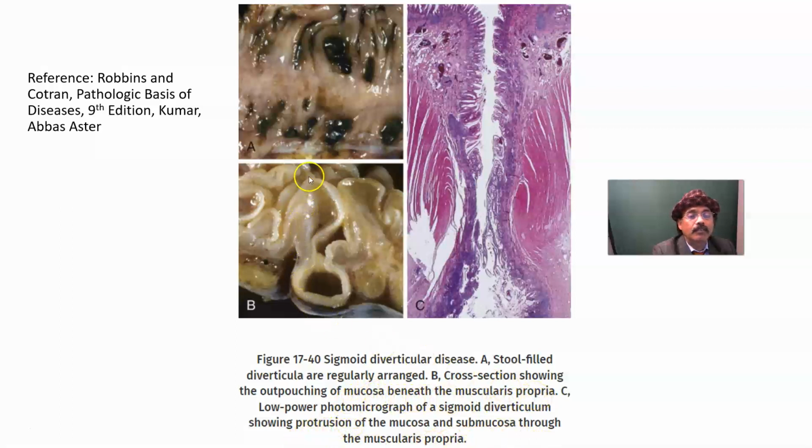So there is a diverticulum, a depressed part going out. Here is a photomicrograph of a sigmoid diverticulum showing protrusion of mucosa and submucosa through the muscularis propria. Like this is mucosa, this is submucosa, it is pushing through the muscularis propria.